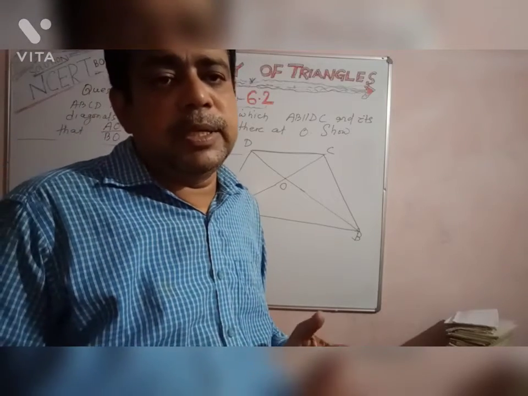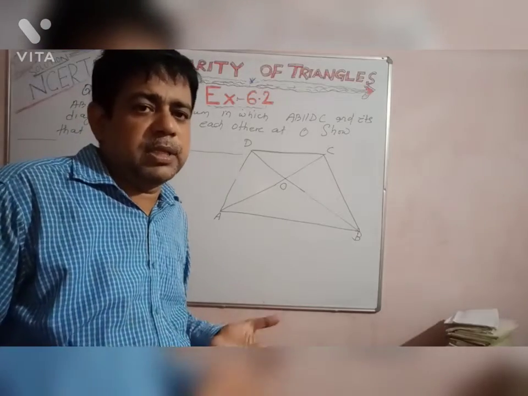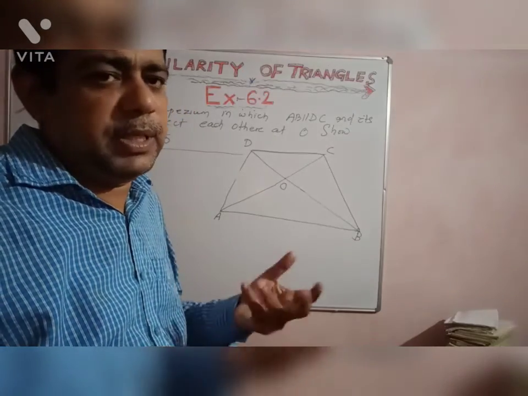In this statement it is given that a trapezium is given, and the diagonals of the trapezium intersect at the point O. Here ABCD is a trapezium.